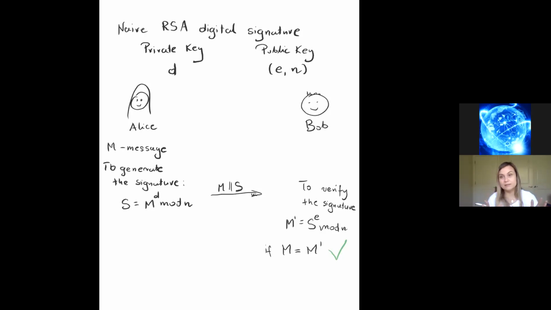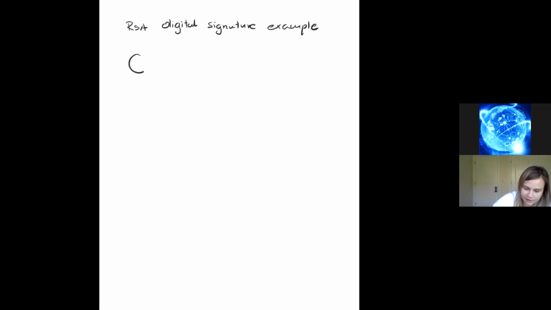Okay, so that's the basics. Now let's have a look at an example with numbers. So again, we have Alice and we have Bob.